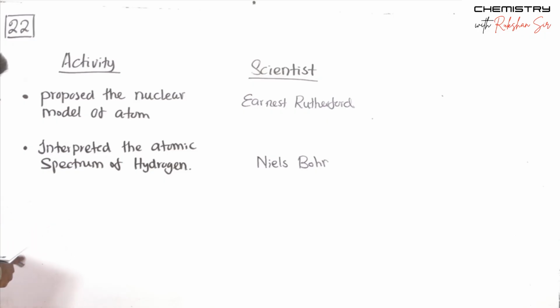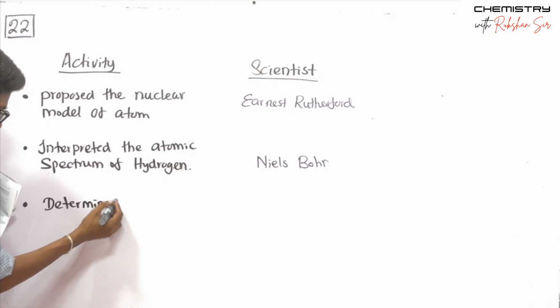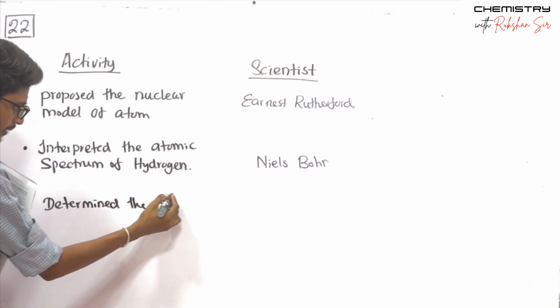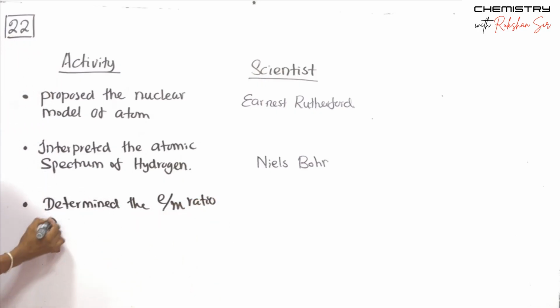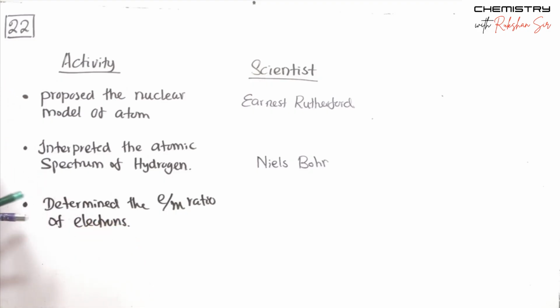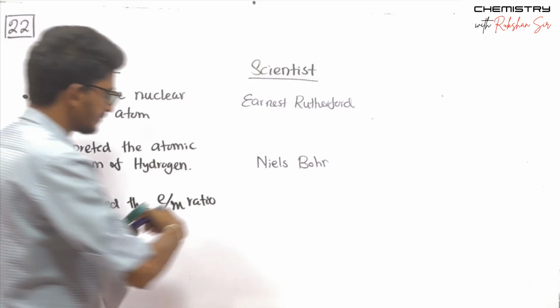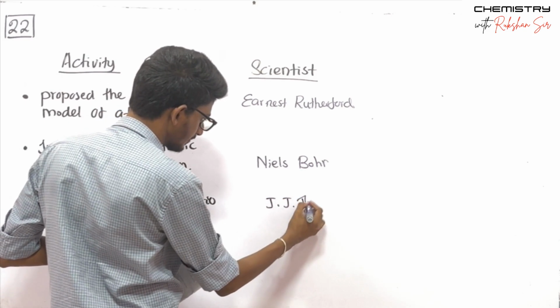Next one, determine the charge to mass ratio of the electron. The e/m ratio of electrons. It is J. Thomson, the discoverer of the electron.